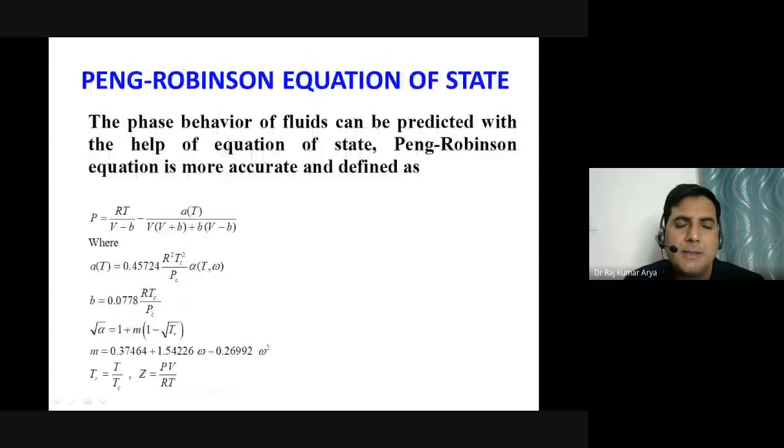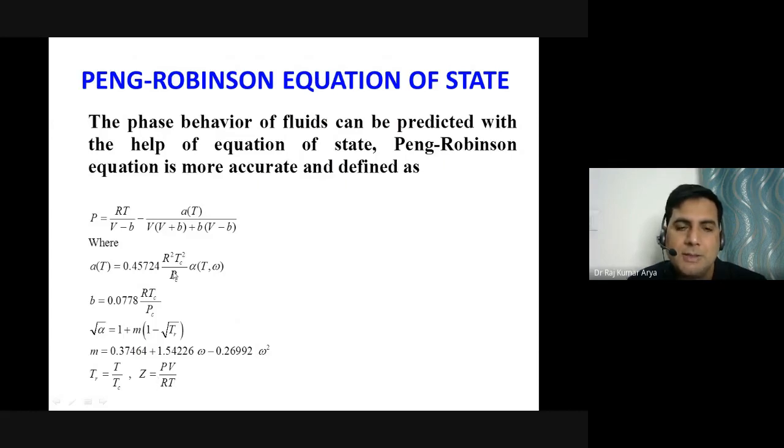Another case study for roots of nonlinear equations is the Peng-Robinson equation of state. This is your Peng-Robinson equation. It is given here, then constants A and B, and alpha is given, m is given, reduced temperature is given, and Z is given.